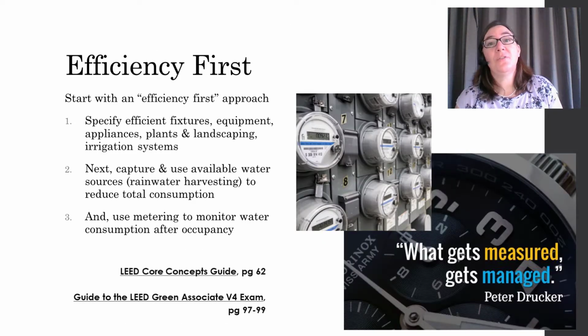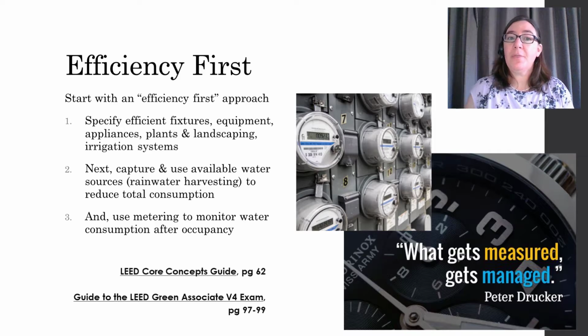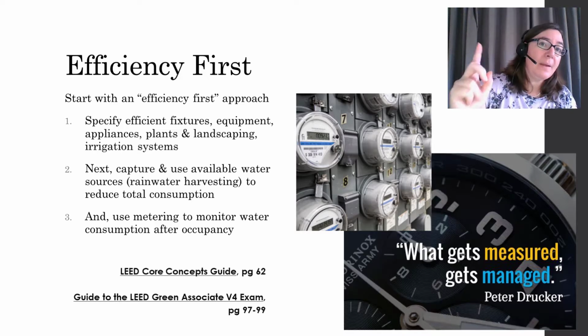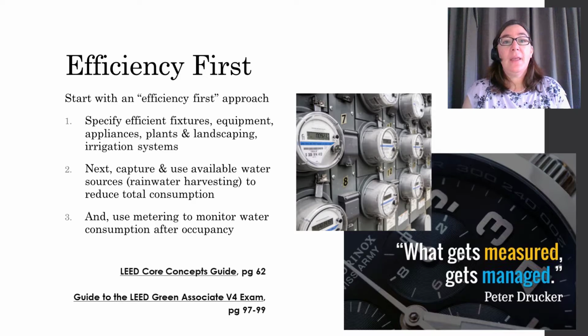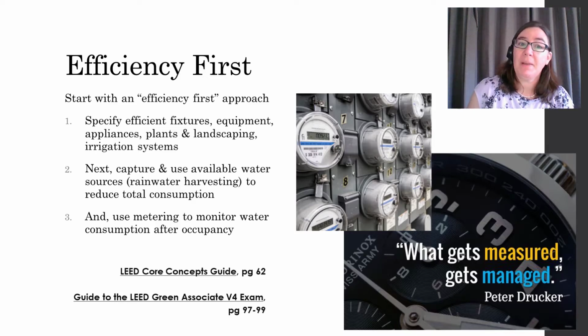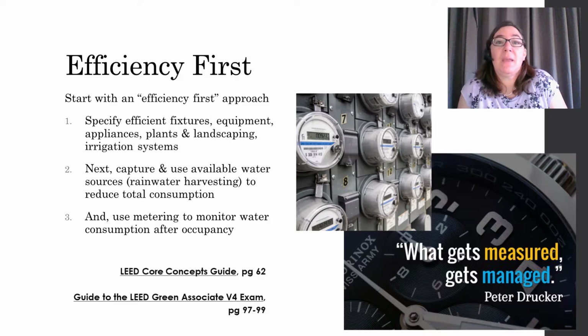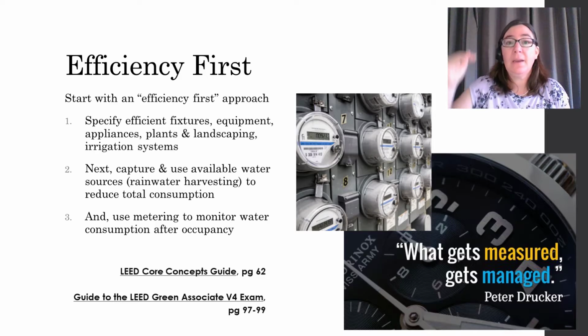All of these design strategies are going to start with an efficiency first approach. And this is a way of setting design priorities for water efficiency. The number one priority, and where we start, is to specify efficient fixtures, equipment, appliances, plants, landscaping, irrigation systems, all right, to lower the total water consumption.